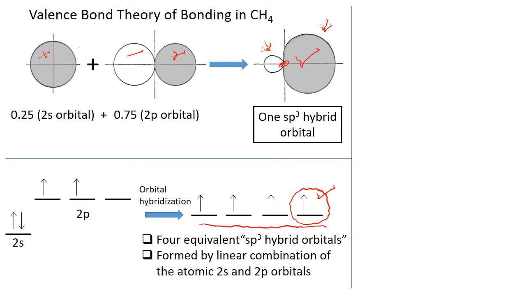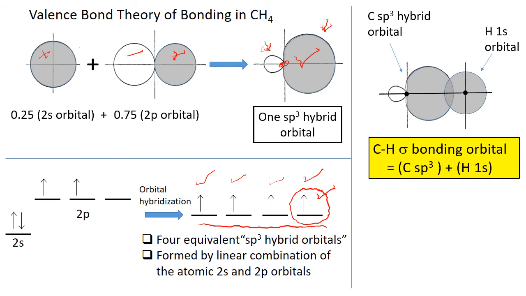Now let's look at what each of those CH bonds look like. I know because I have 4 equivalent sp3 orbitals, all 4 with the same energy, and all 4 of them have 1 electron each, that I'm going to be able to form 4 bonds. What each one of those CH bonds looks like is an overlap, which I know from quantum theory is what happens when bonds form.